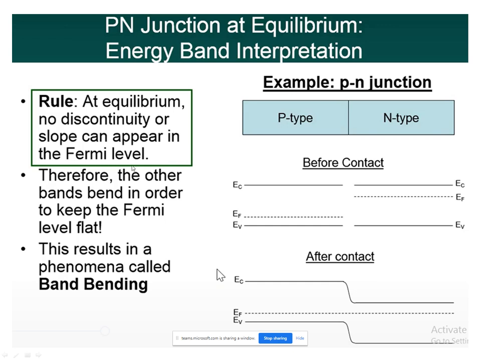So before I come to this concept, let me tell you what I mean by Fermi level actually. Here we are coming across a term called Fermi level, or Fermi energy level.